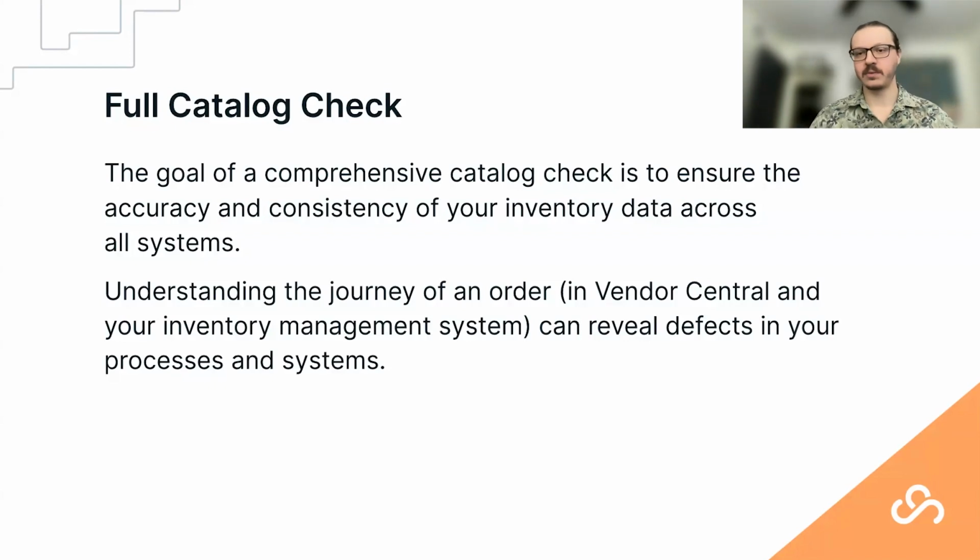And this is oftentimes, especially with Amazon, given that they're highly data driven and reliant on data and automation, where a lot of problems occur. So understanding the journey of an order, whether that's in Vendor Central or in your internal management system, how you utilize it, can ultimately reveal defects in the process or in how the system is set up and configured.